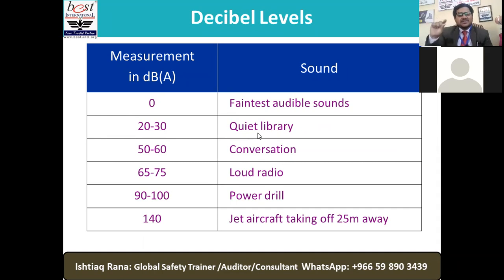In the library, we all are quiet and we believe there is no possibility of sound to come in, but still 20 to 30 decibel sound is there. 50 to 60 decibel during our conversation. If I speak louder, maybe it will go to 75, maybe 80 at some level, but the normal conversation is already at 50 to 60 decibel.